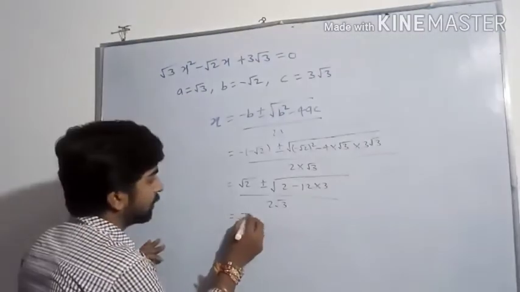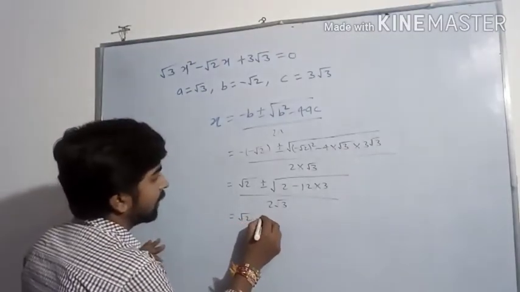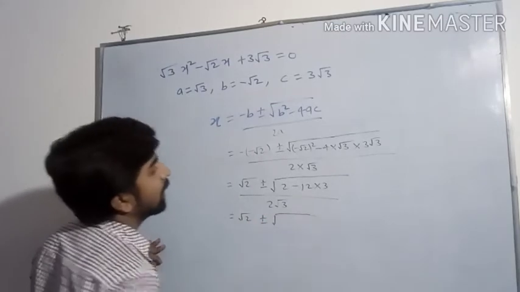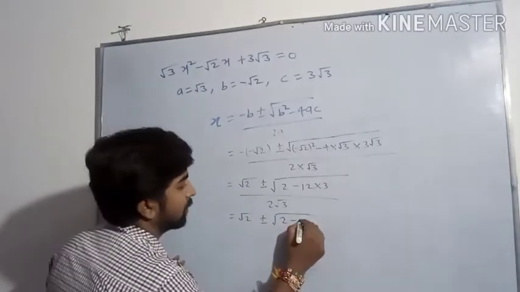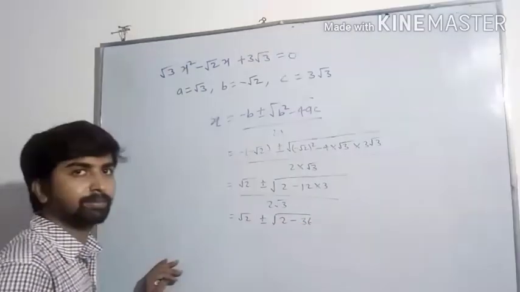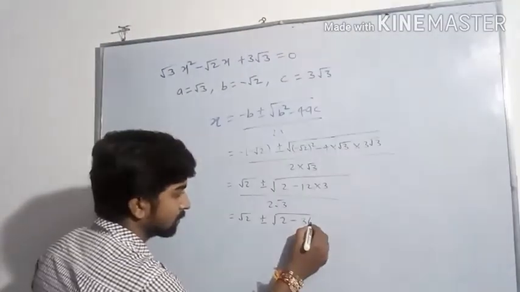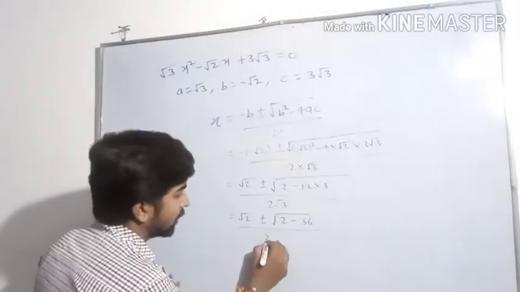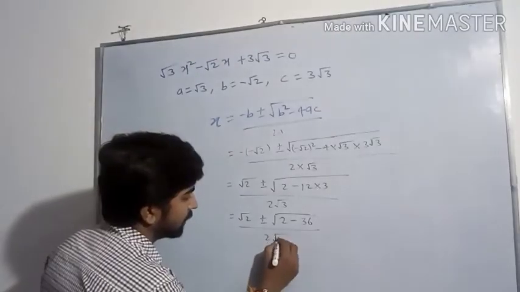This equals under root 2 plus minus under root 2 minus 36, upon 2 under root 3.